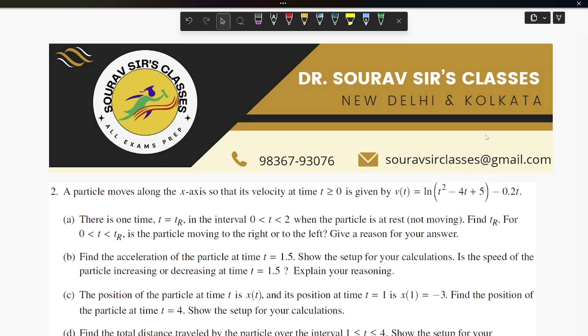Question 1 says there is one time t equals tr in the interval 0 less than or equal to t when the particle is at rest, not moving. Find tr. For 0 less than t less than tr, is the particle moving to the right or to the left?